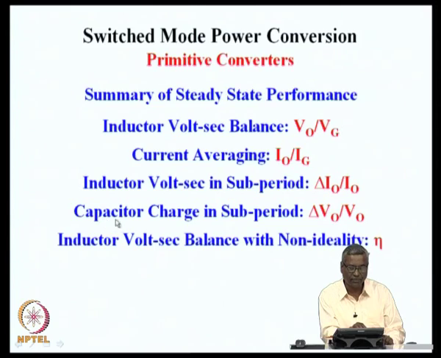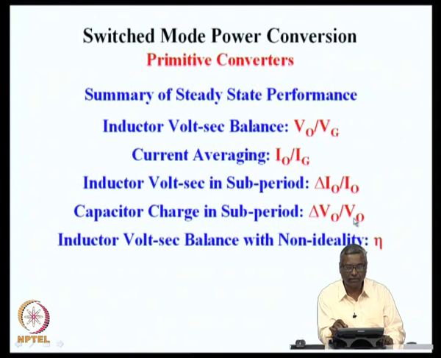Similarly, the next step is the capacitor voltage in the sub period, and this is evaluated based on the capacitor charge, how much charge is transferred from the circuit to the capacitor in every sub period, and that charge is responsible for delta V naught.